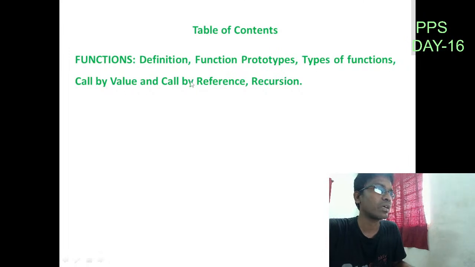After that I want to discuss parameter passing mechanisms like call by value and call by reference, and then recursion followed by some examples. So that is about functions. So we'll go and discuss some topics today in functions.